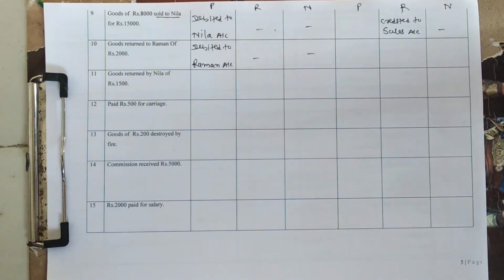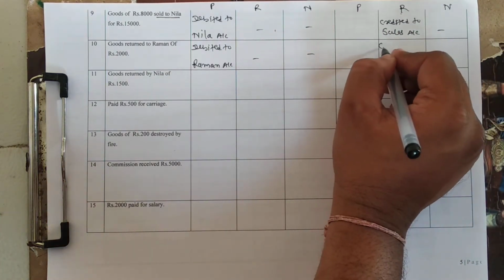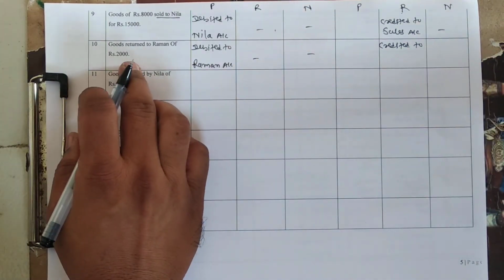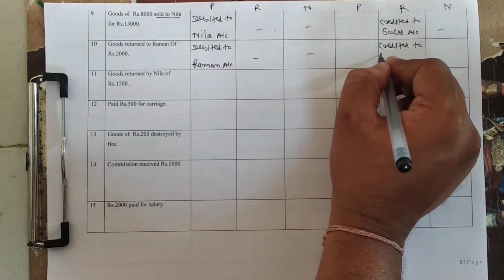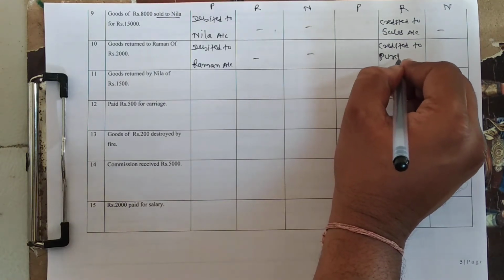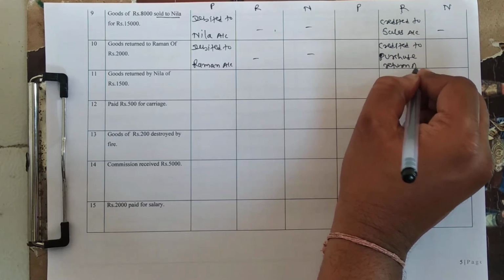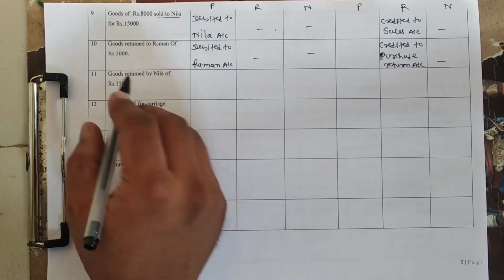Here goods go out, goods is a real account, so credited to, not goods account, goods go out by what reason? Purchase return, so credited to purchase return account. Understand?